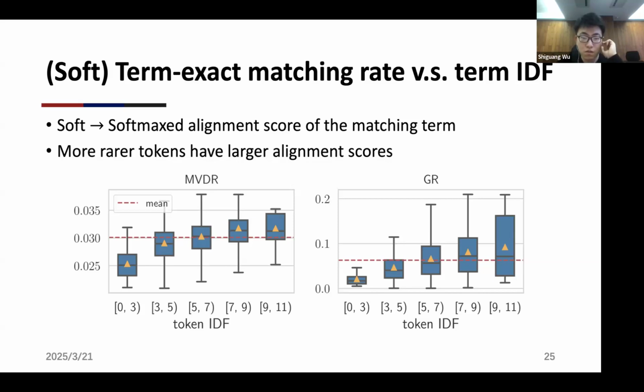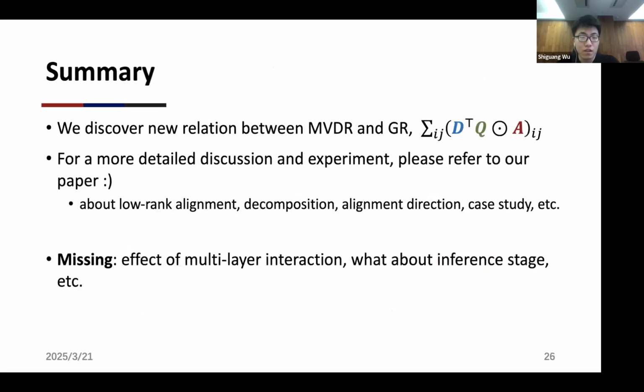These two paradigms have a larger alignment score for rare tokens, so tokens with higher IDF have a higher alignment score. There are other experiments that are quite detailed, and the experiment above we think is quite important.